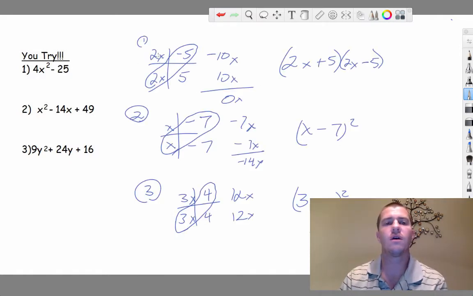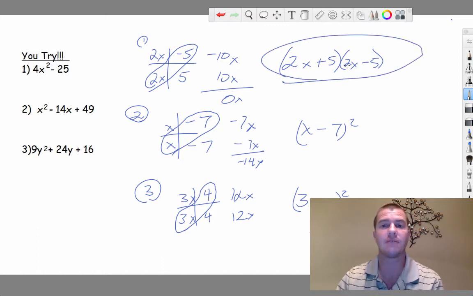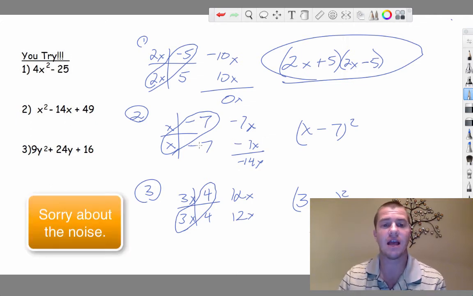The first one, whenever you have a difference of squares, notice that basically in the t-chart, each column should be the same numbers. When it's the difference of squares, in this constant part, one's going to be positive, one's going to be negative. So negative 5, positive 5, when I multiply across, negative 10x and positive 10x cancel out. That's my factored form. This one should have been the easiest one. x minus 7, x minus 7, x minus 7 squared.